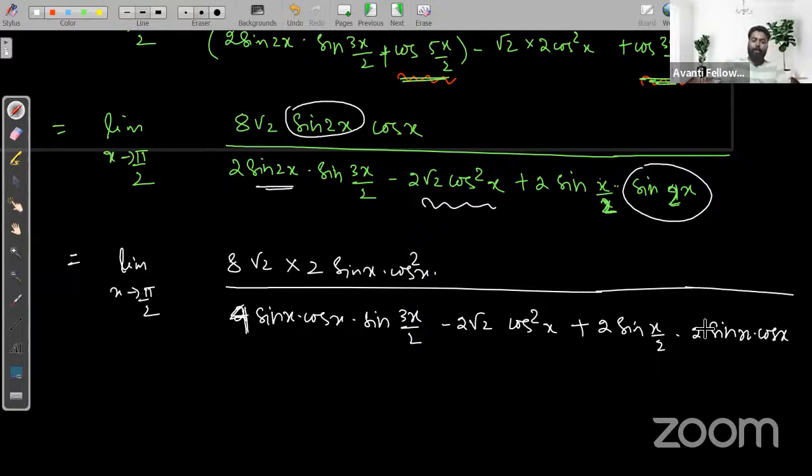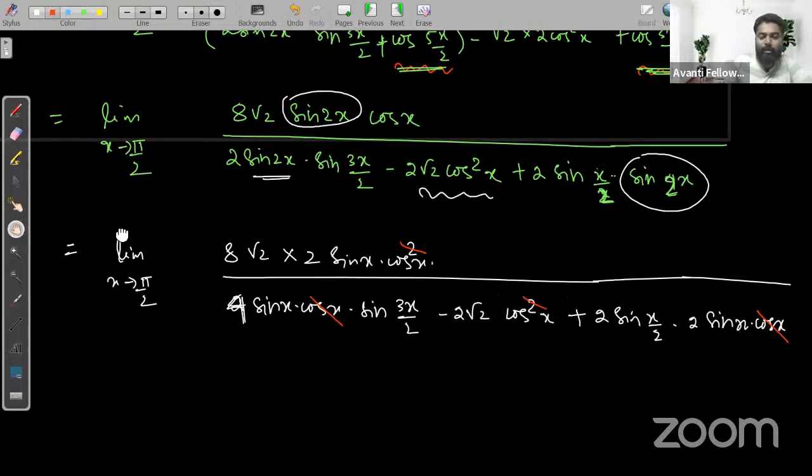Now we can observe that we can cancel cos x from the numerator and the denominator.